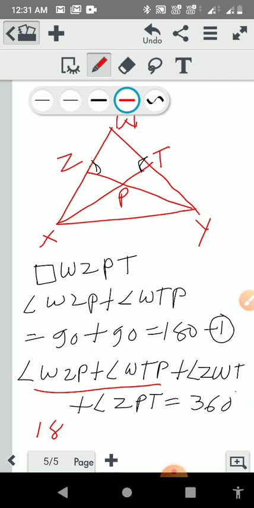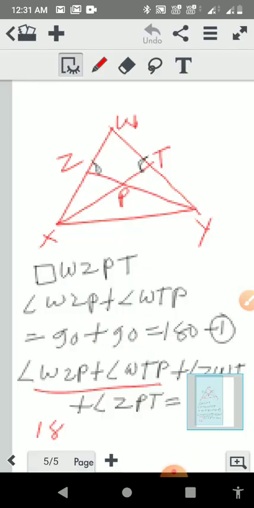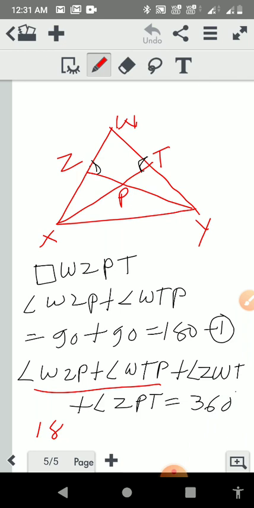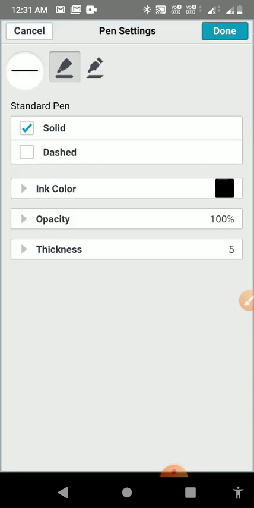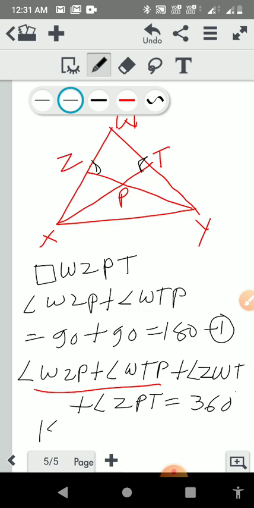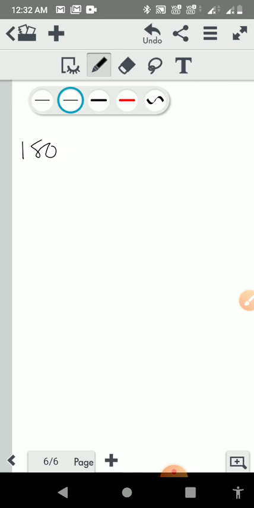So I put the value from equation 1 and write 180 plus angle ZWT plus angle ZPT equals 360.